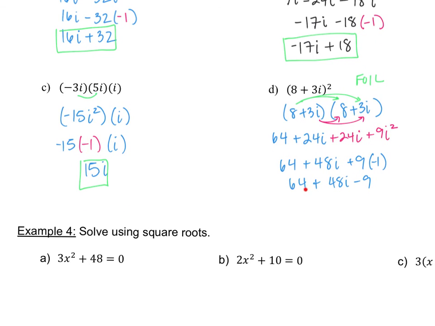So if I combine 64 with negative 9, I get 55, plus 48i just comes down. So I've combined 64 and negative 9 to give me 55, and the 48i comes down. And so I can't combine any further, so this is my final answer.